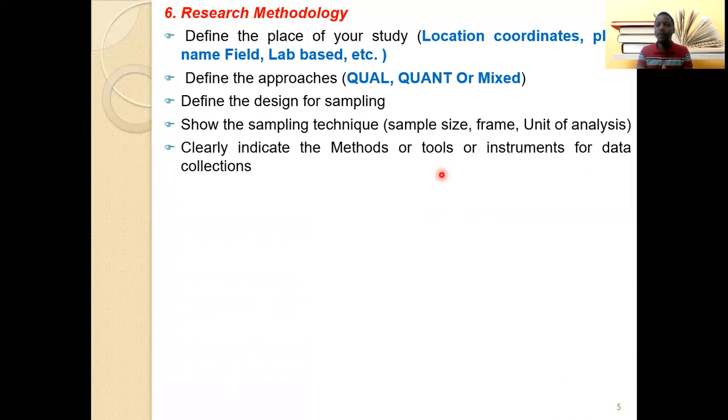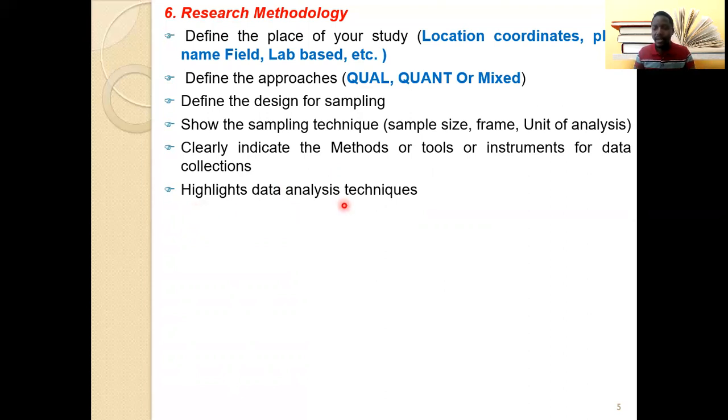Which type of data collection method are you going to use? Surveys, or there are several data collection methods that you need to highlight depending on your study. You need to be specific to the specific method, specific questions, or a specific research hypothesis. And then under this, you need also to highlight the data analytical techniques.